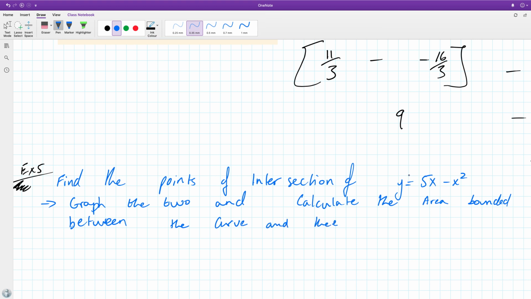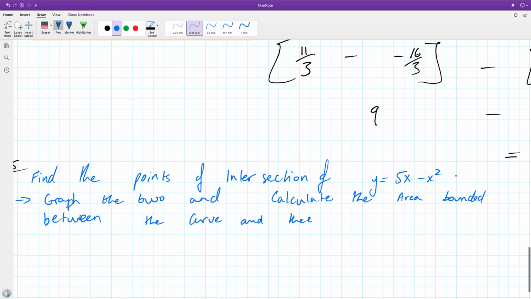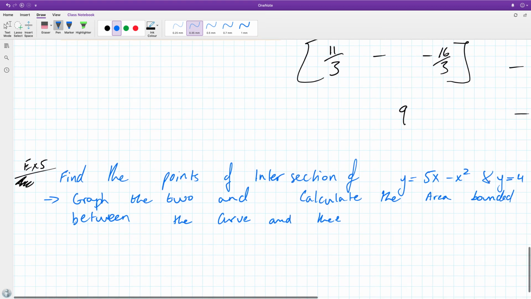So find the points of intersection of y is equal to 5x minus x squared and y is equal to 4. Yeah, that's a much nicer question.